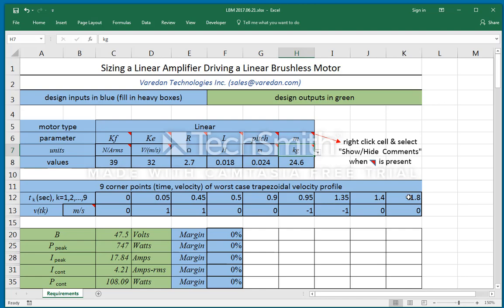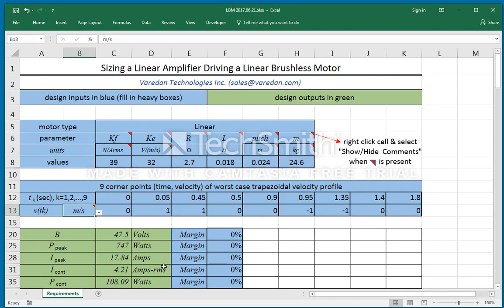And so the heating of the heat sink and transistors will be computed assuming that it's periodic. Likewise, the velocities of the corner points are 0, 1, 1, 0, 0, minus 1, minus 1, 0, 0. These are units of meters per second. And likewise here, we can choose different units, and the conversions are automatic and internal.